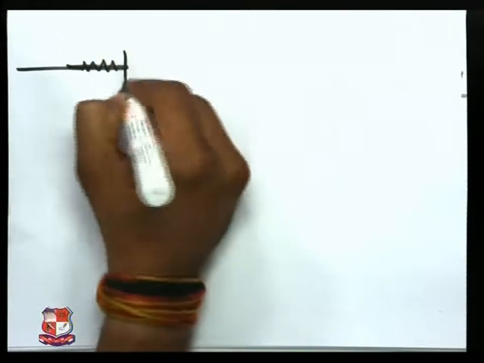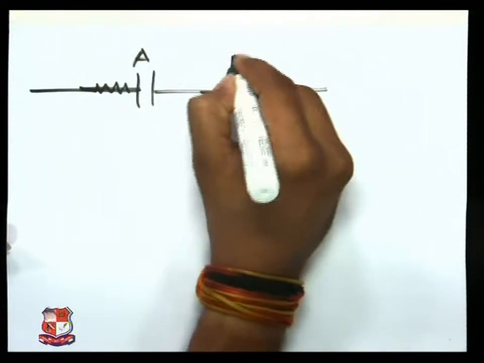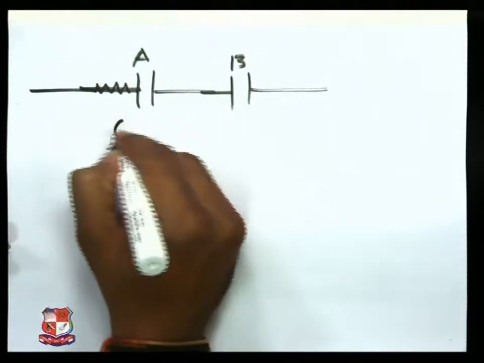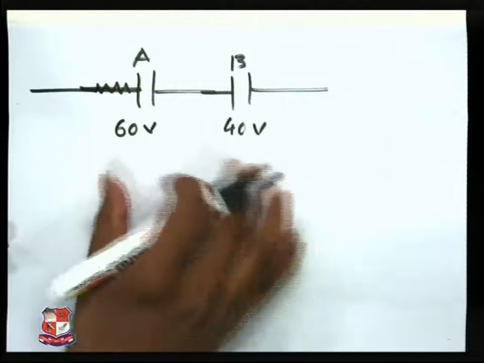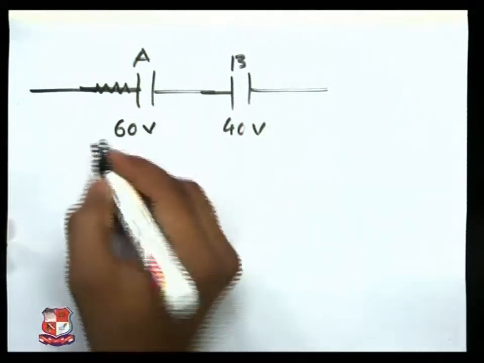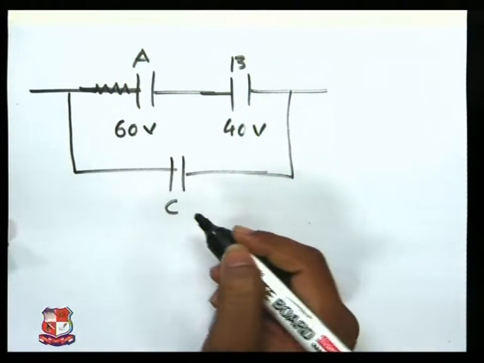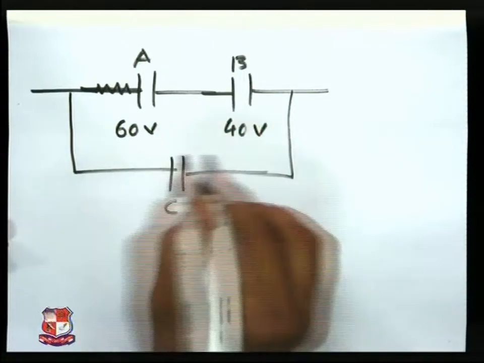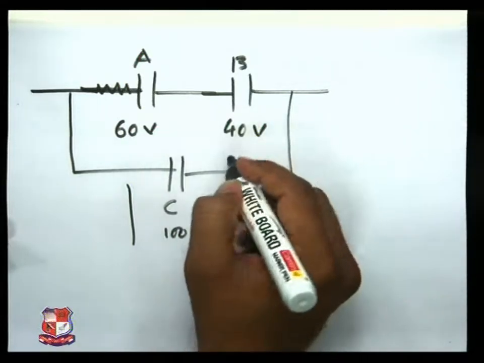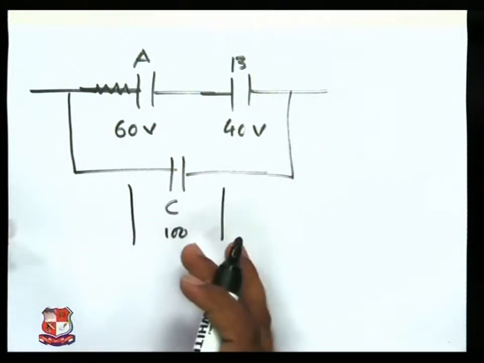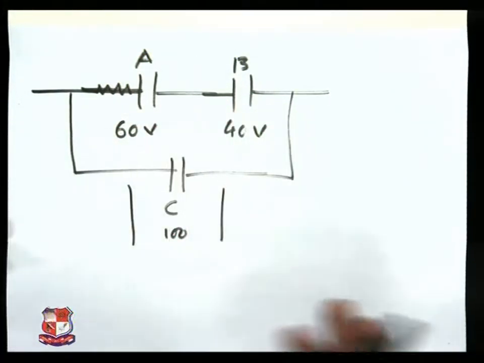The capacitor A and capacitor B are in series, and 60 volts and 40 volts are applied across capacitors A and B. Now a capacitor C is connected in parallel with A, and the voltage across B rises to 90 volts. So now find the capacitance of A and the individual capacitance of B.